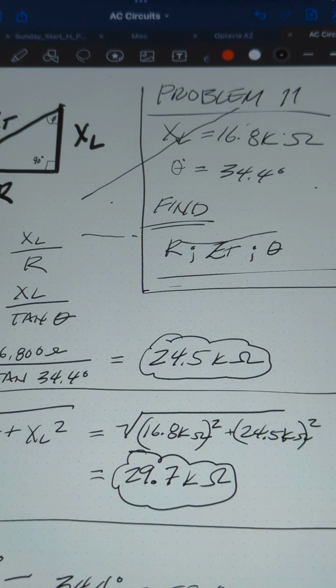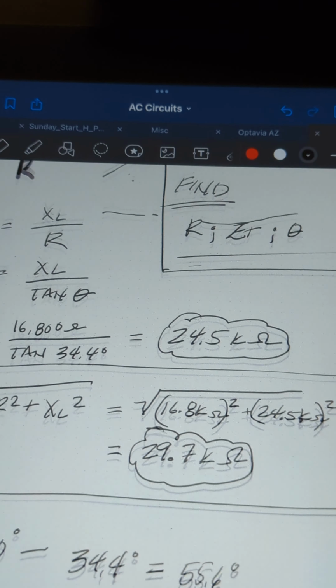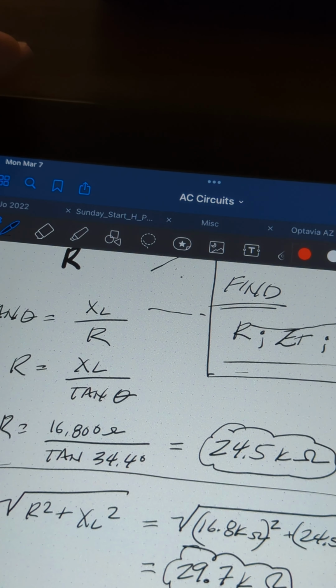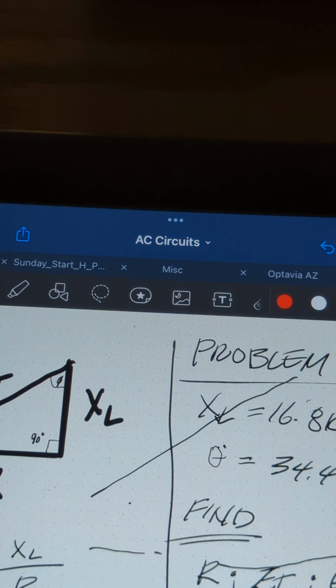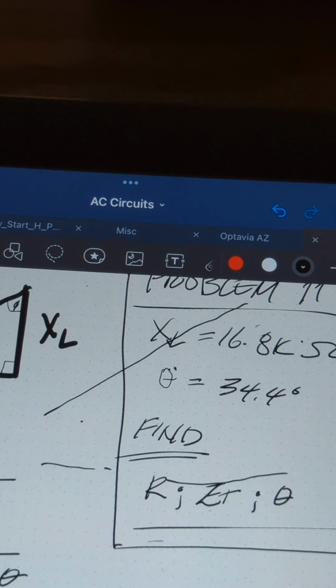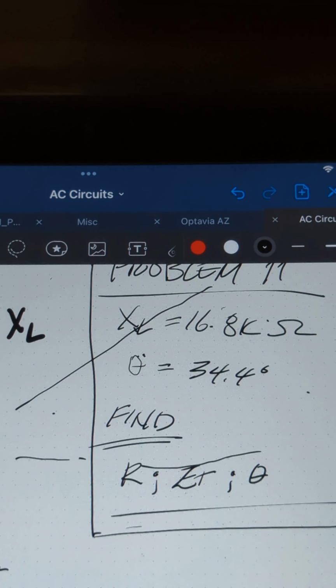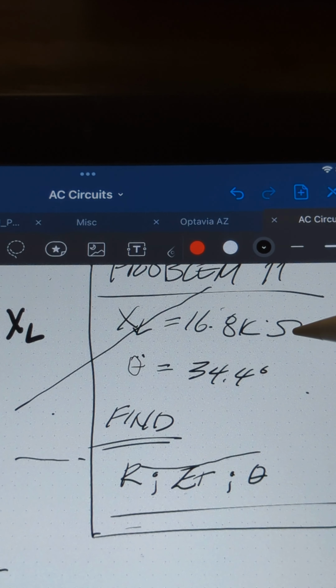On problem 11, the parts that are given are: X of L, which is 16.8 k ohm, and theta, which is 34.4.